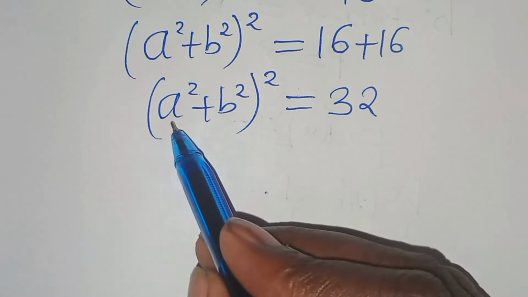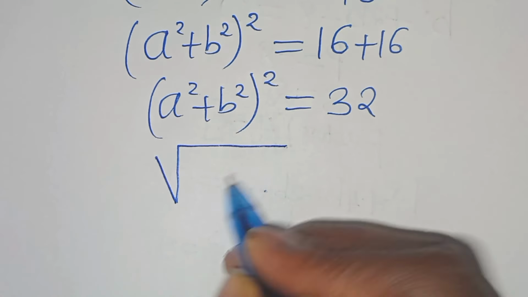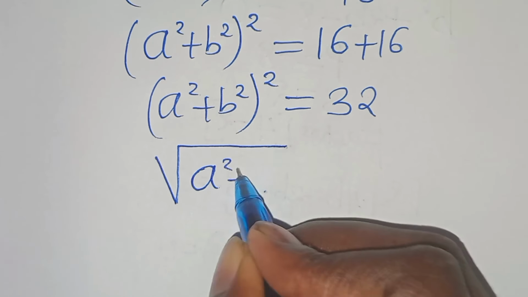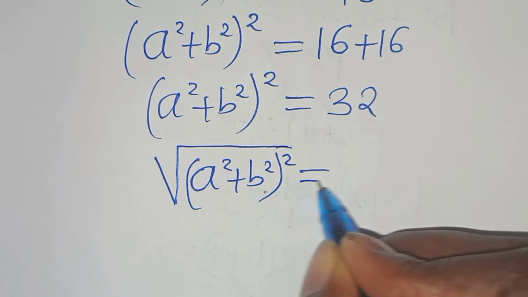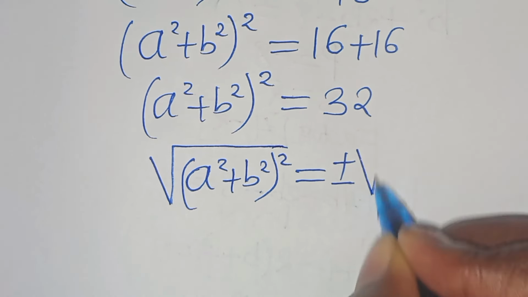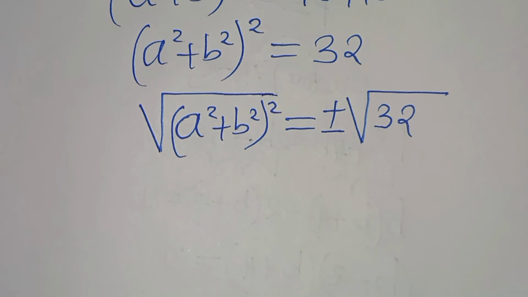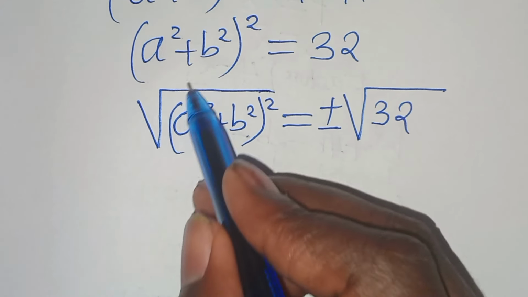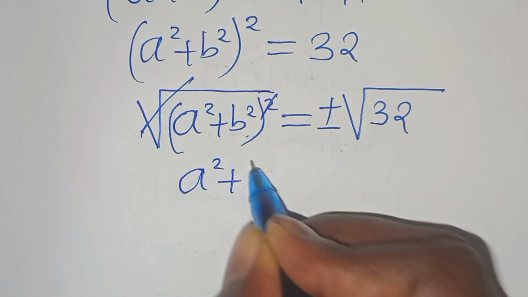Now, to solve for a squared plus b squared, let's get the square root on both sides, which is a squared plus b squared raised to the power of 2. This is equal to plus or minus the square root of 32. Now, let's eliminate the square root sign here so that we have a squared plus b squared.